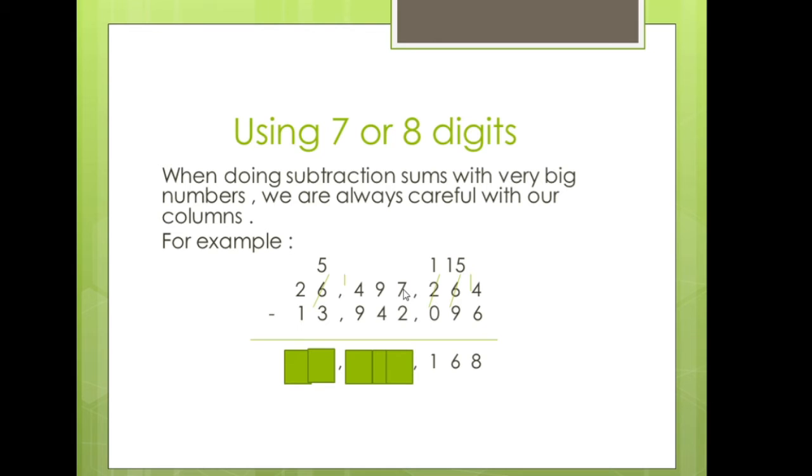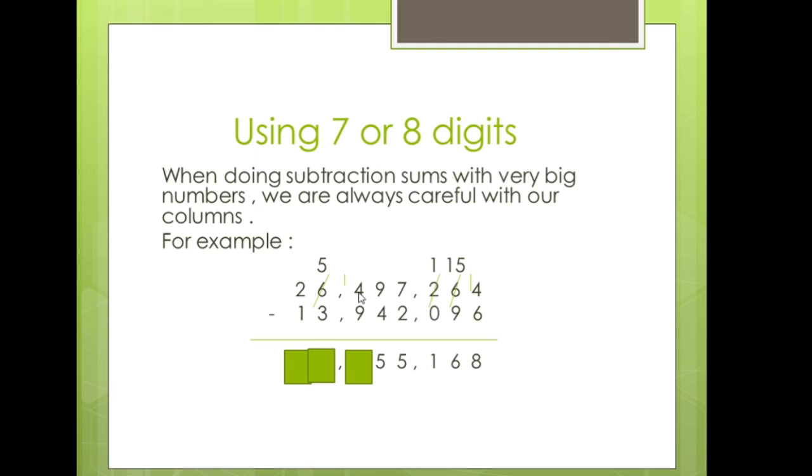Now the next, fourth column. In the fourth column, the first number is bigger than the second number, so 7 minus 2 will become 5. The same case, I can do 9 minus 4. It will become 5. Now again, there is a critical point. I can't subtract 4 minus 9, so I need to turn this 4 into 14. I will take 1 from this 6.